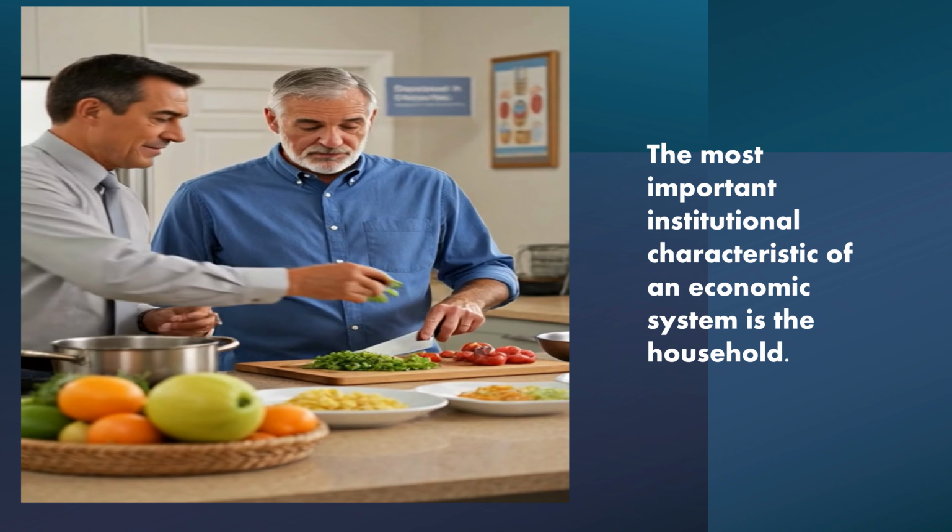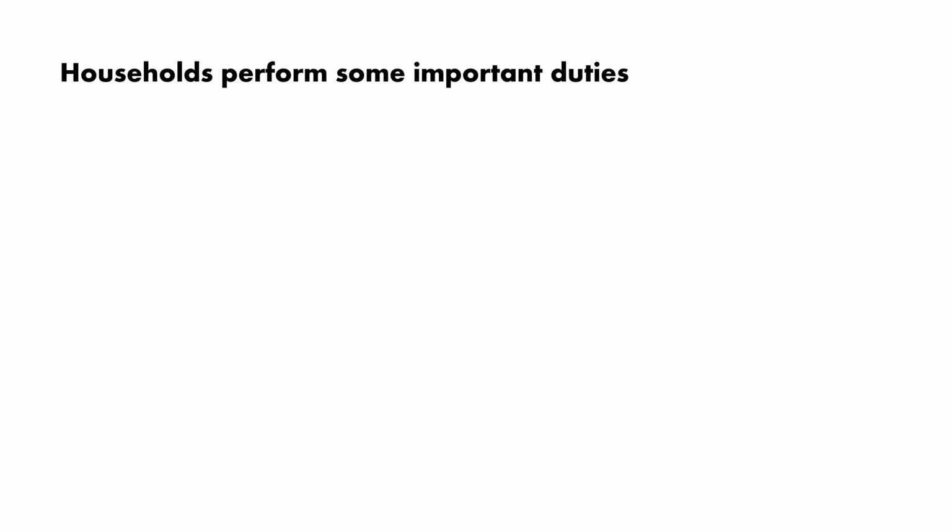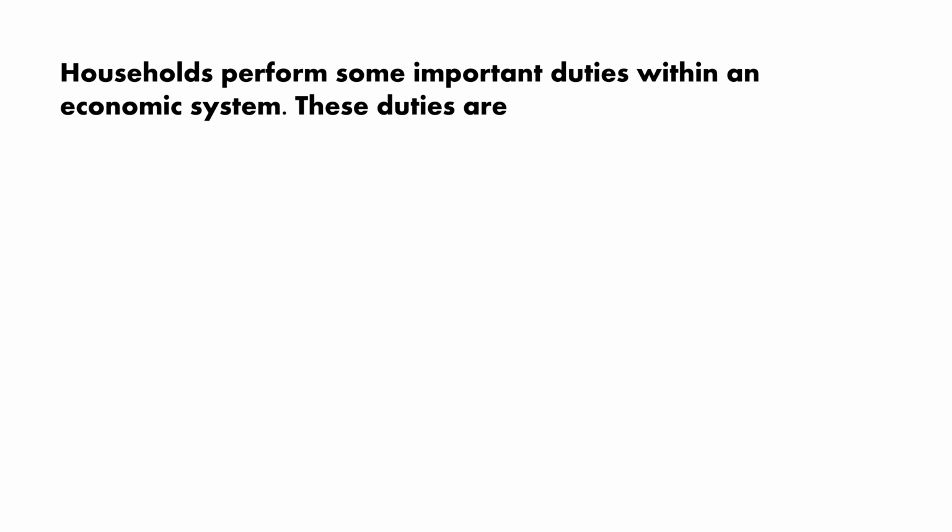The most important institutional characteristic of an economic system is the household. Households perform some important duties within an economic system. These duties are also considered as the economic decisions of households.